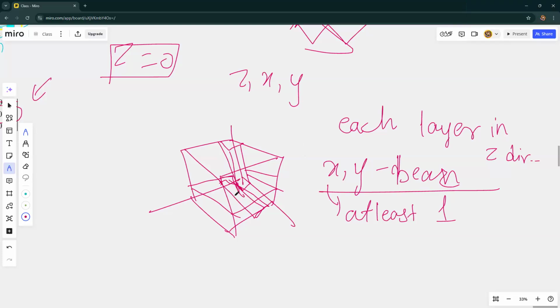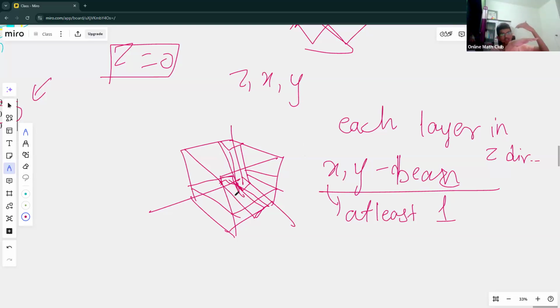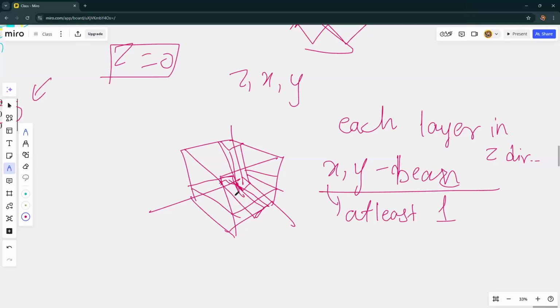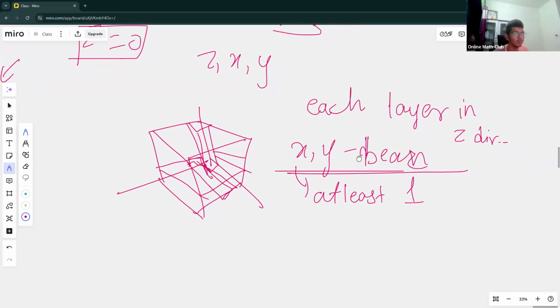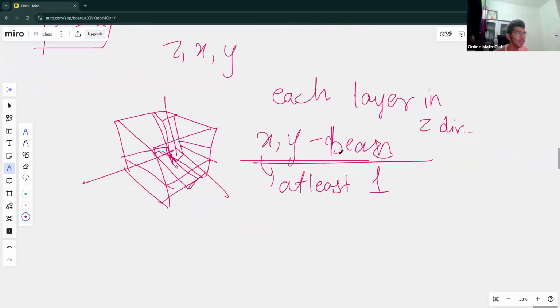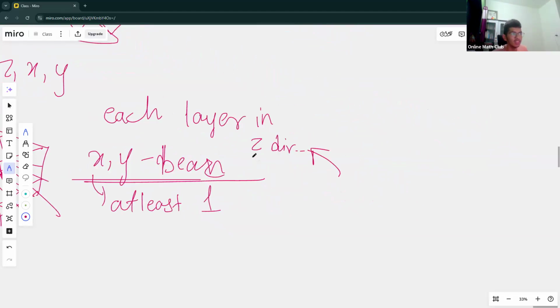Yes. So what I'm saying is, for each layer you have to have something above it. So we get that x plus y is greater than or equal to 2020, y plus z is greater than or equal to 2020, and z plus x too. So for the X and Y type of beam, suppose the number of beams in the Z direction is nz, for X it's nx, and for Y it's ny.